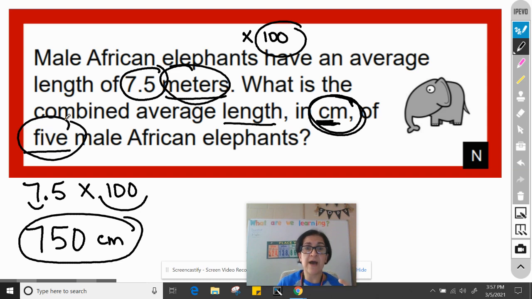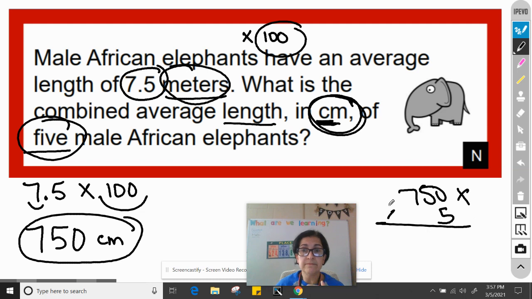We want to know 5. Well, so then it's 750 times 5, or 750 plus 750 plus 750 plus 750 plus 750. And you will get the answer, the total for 5 elephants in centimeters. Okay, so convert first, then you do what they are asking you to do.